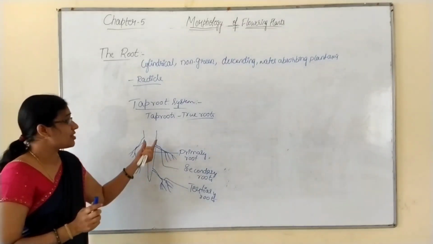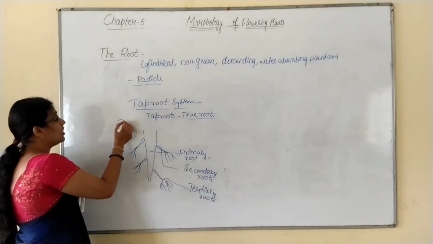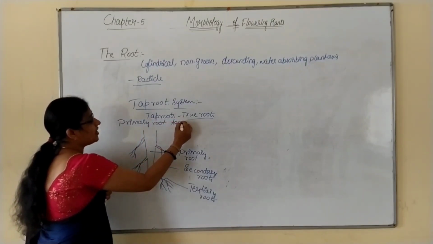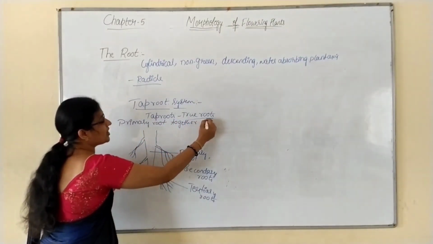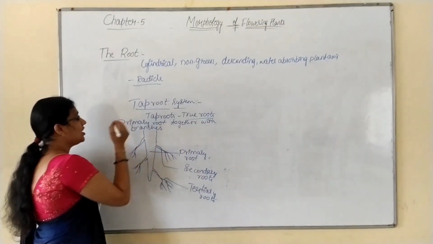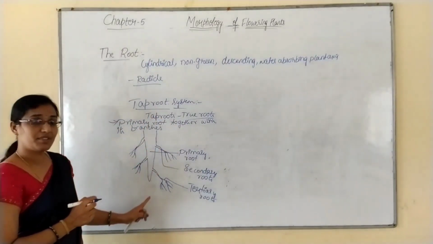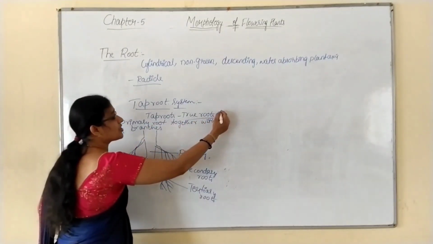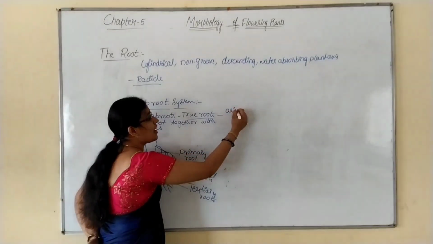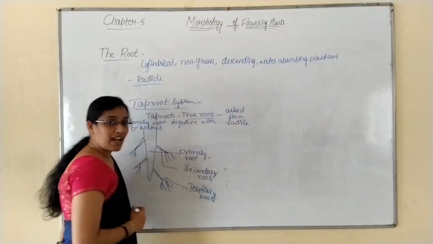The roots which arise from the radicle part of the embryo are called true roots, and the primary root together with its branches are called the taproot system, and these taproots are called true roots because they arise from the radicle.